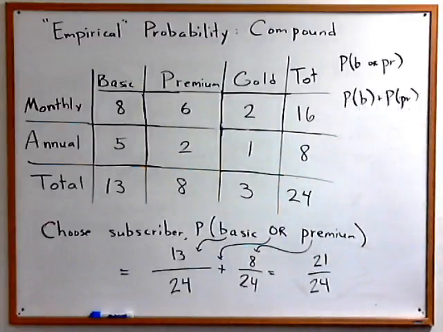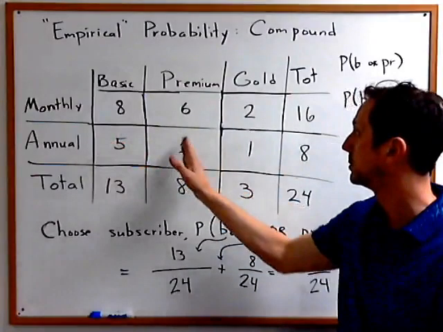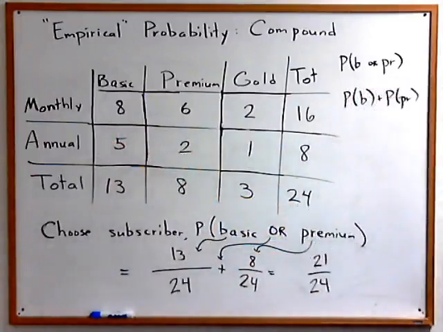But in any event, it's very clear that we can just add these numbers to those numbers because there are no complications involving people who might be both basic and premium. So that's the situation where we can just use this direct, very simple rule with adding probabilities. But in our next example, we are going to complicate the situation a little bit with an overlapping situation.